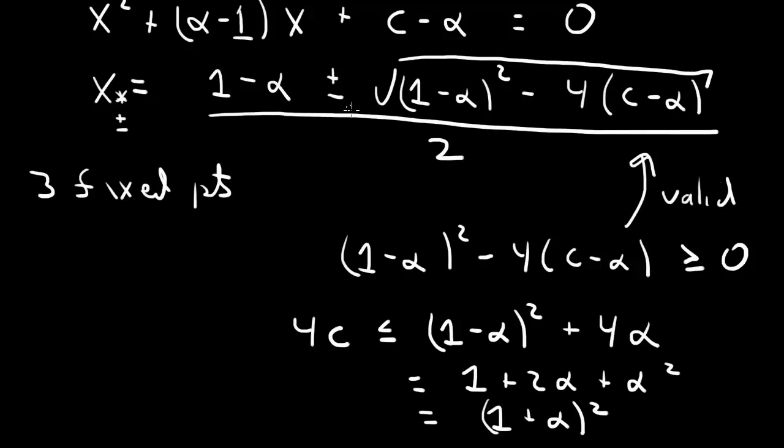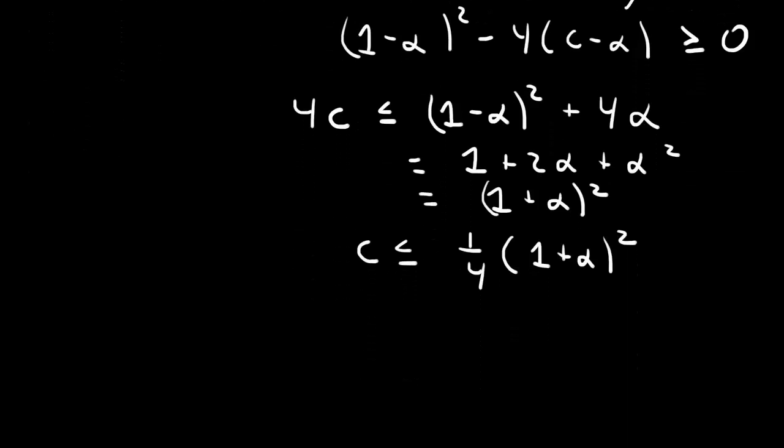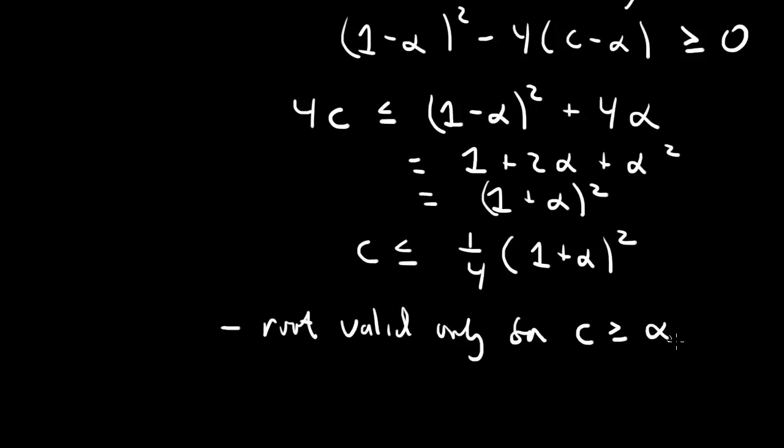So 1 minus alpha minus the square root of (1 minus alpha) squared minus something has to be positive. So c will have to be greater than alpha. Okay? So the minus root is valid only for c greater than or equal to alpha.